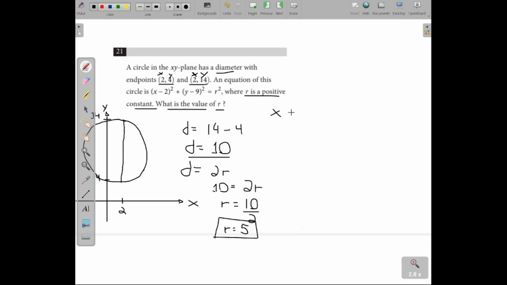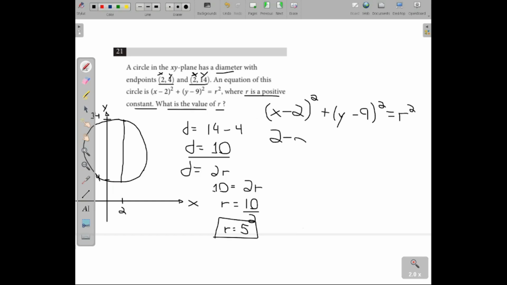So let's copy the equation, squared. Now we'll use x equal to 2 and y equal to 14.